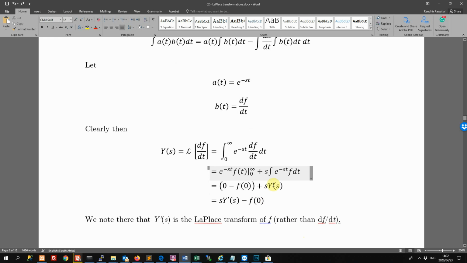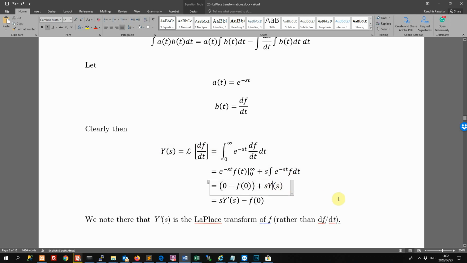And now when we look at this, we can recognize this part as nothing other than our transformation, and of course, this is a transformation of the function f. It's not the transformation we are looking for, because the transformation we want here is the transformation of the derivative. This is the transformation of the function itself.